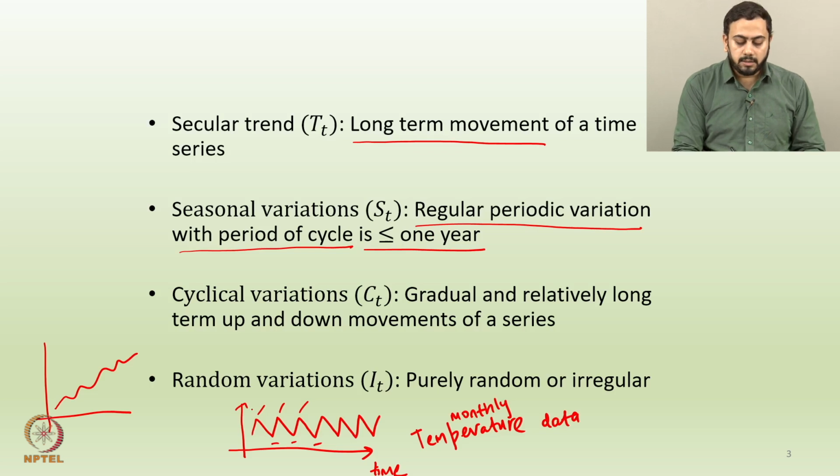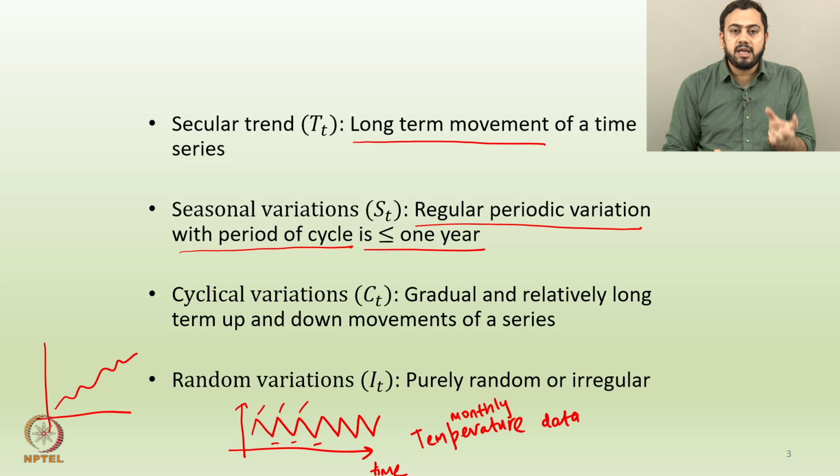Here the period of the cycle is in fact 1 year, because one can expect that the temperature in June would roughly be the same in the next June, or the temperature in November of a particular year would roughly be the same in the next November, and so on. Generally speaking, the period of the repetition cycle is not more than 1 year.